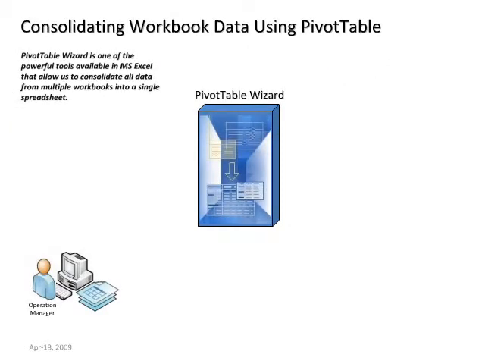Consolidate data using PivotTable Wizard. PivotTable Wizard is one of the powerful tools available in Microsoft Excel that allows us to consolidate all data from multiple workbooks into a single spreadsheet.